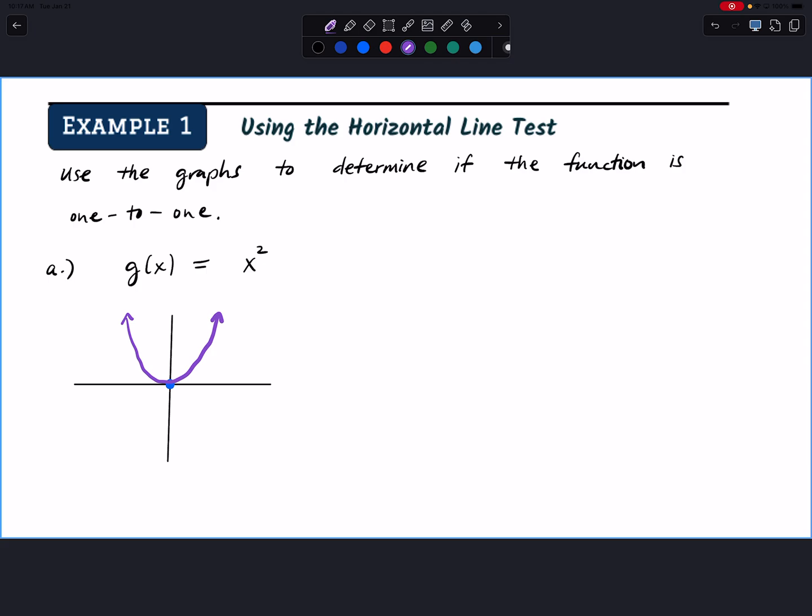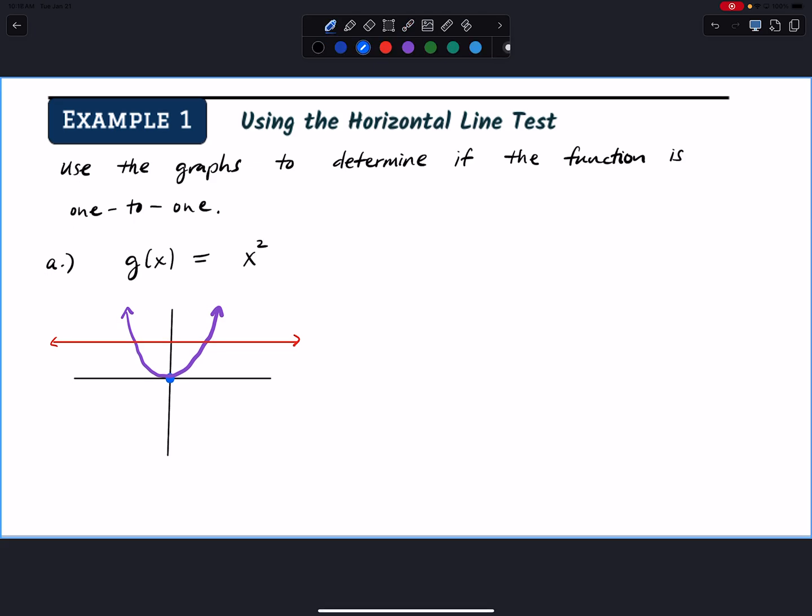Okay, good. Draw a horizontal line through the graph, and ask yourself, how many times does this red line touch the purple graph? 2. For this test, how many times do we want it to touch? Once. So does this pass the test if it crosses twice? No, it fails.